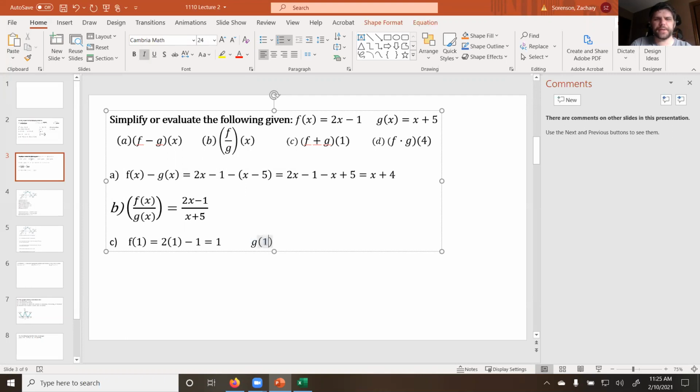Similarly, it's pretty easy. Plug 1 into my x for g, and I get 6. And now that I found these two pieces, I just add them together. So I find that f of 1 plus g of 1 is equal to 1 plus 6, which is 7.